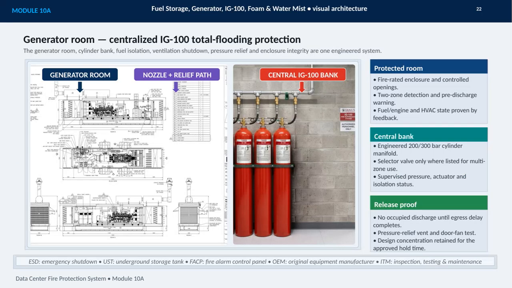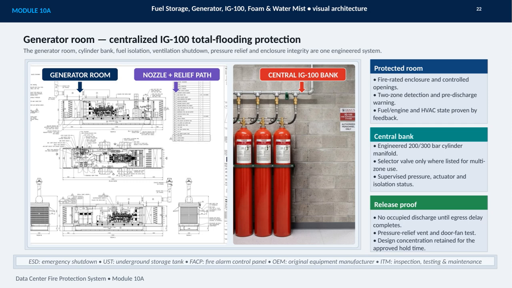This slide presents the generator room as a complete, engineered fire protection system, not as a collection of separate components. The protected room requires a fire-rated enclosure with controlled openings, 2-zone detection, and a pre-discharge warning. Fuel and engine status, along with HVAC operation, must be confirmed through feedback before release.